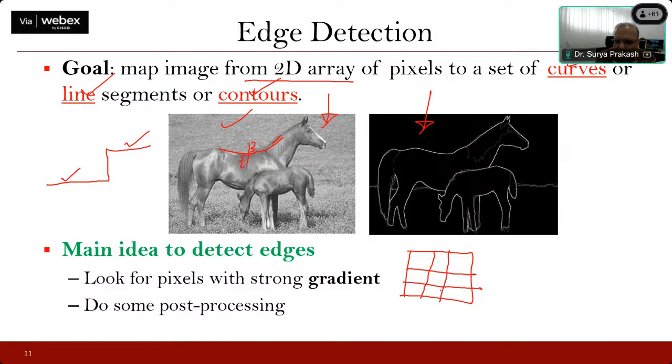There are two possibilities of movement: one is horizontal, from this side to this side, and the other is vertical. When you find these changes and put them together, that basically defines the gradient at that particular place.